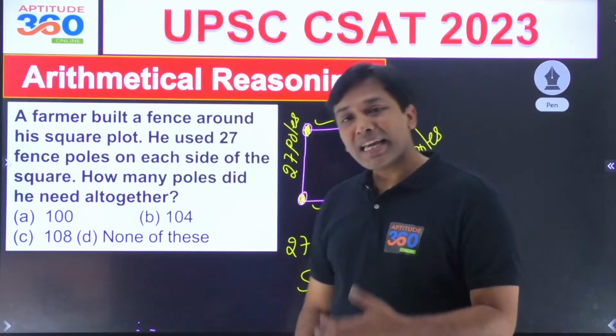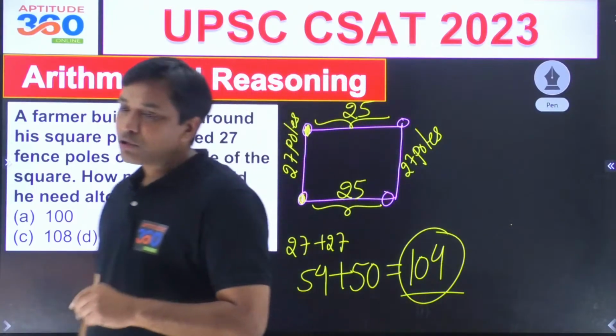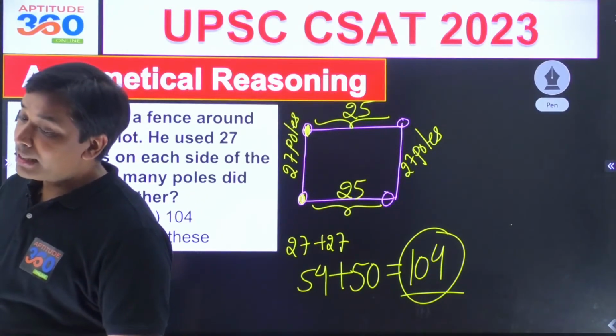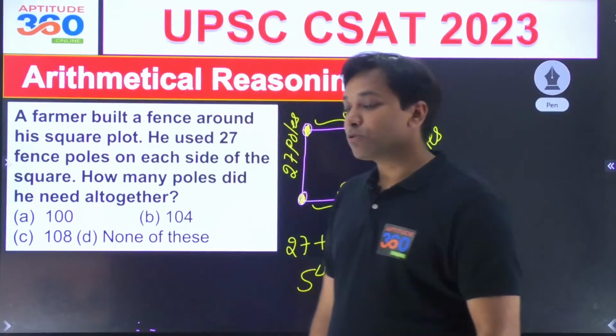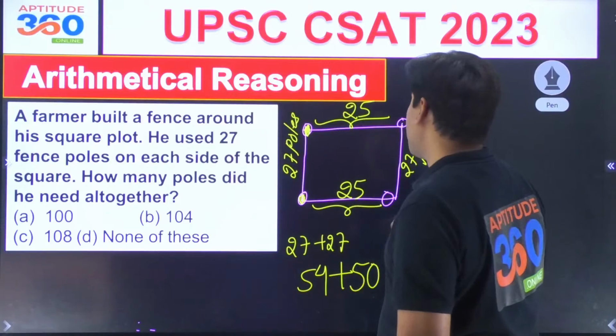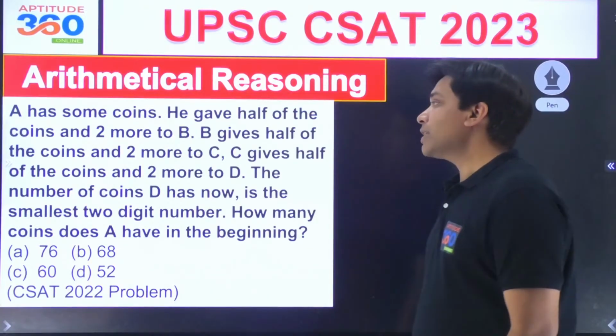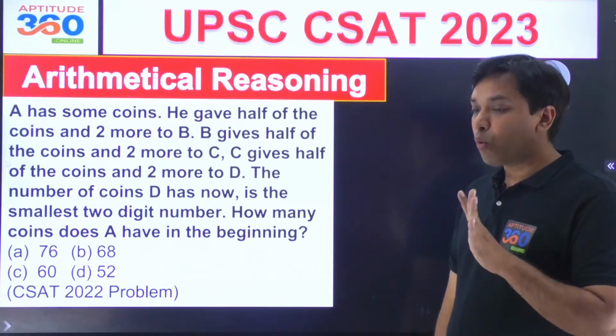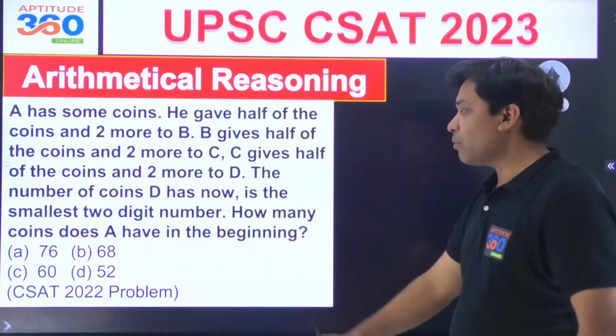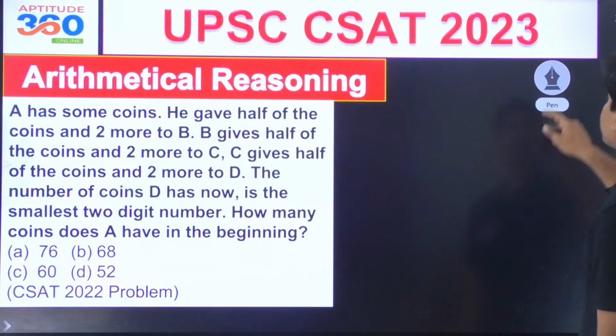So here you will feel that the option you are saying should not be there, but that option will be there and you will mostly mark that same answer. So that is where we have got to be extremely careful. Now go and solve this problem, people. This one is really good. Take your time. Take 1 minute to simplify this problem and see what you can do for this.